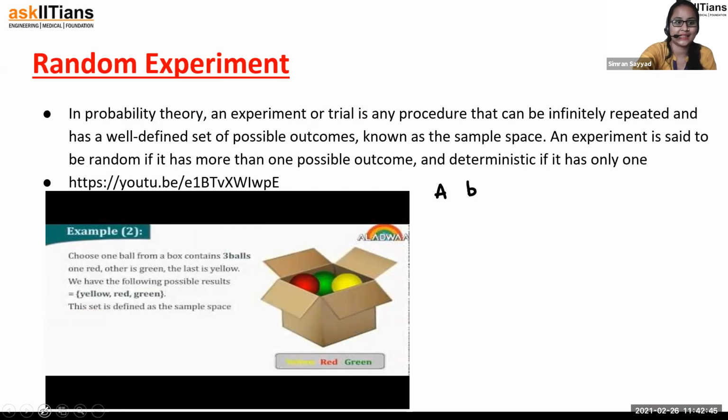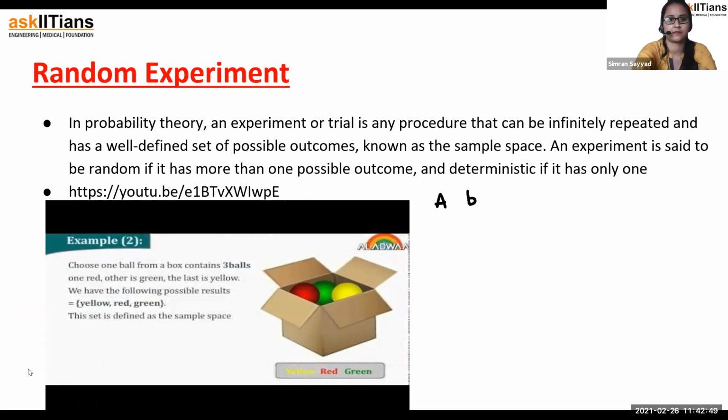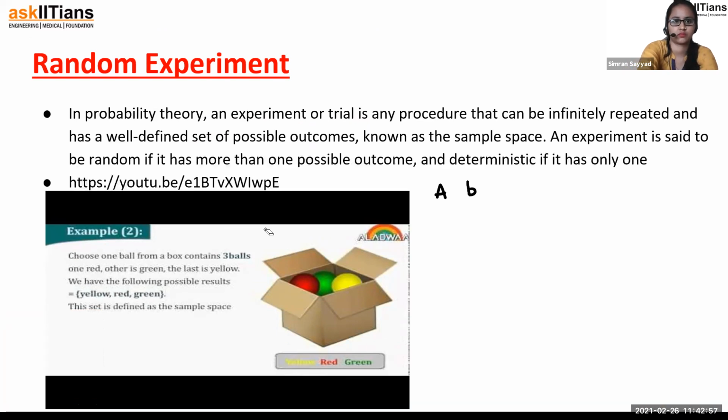What is that? A dice is tossed. Okay. What happened? So a dice is tossed.